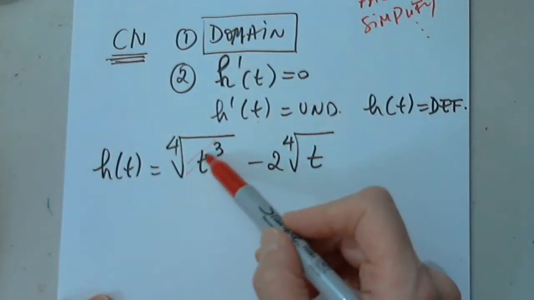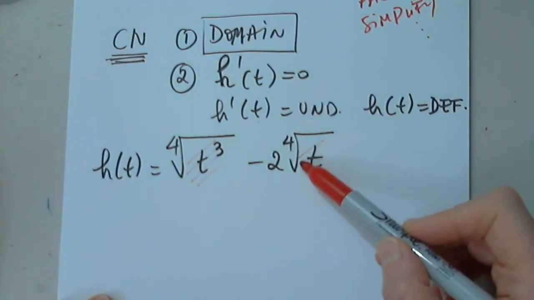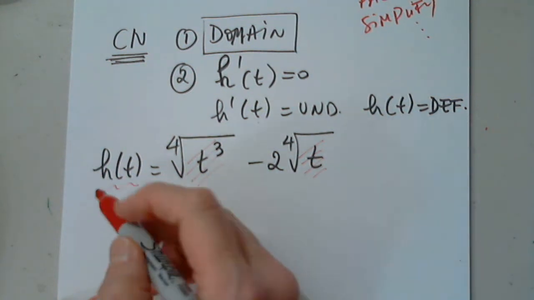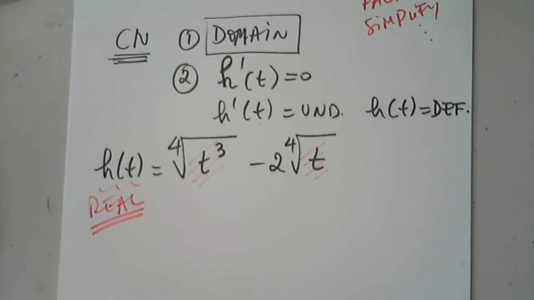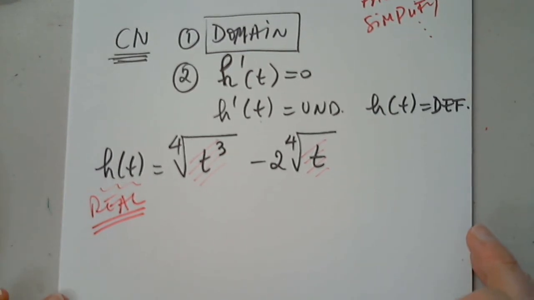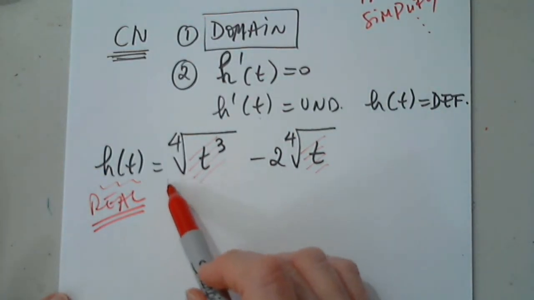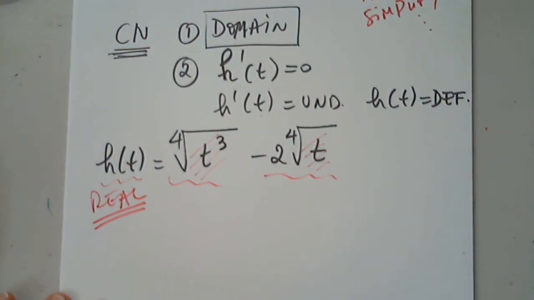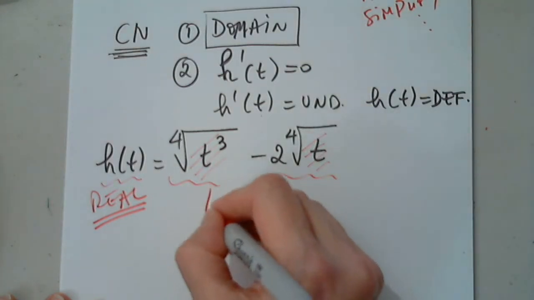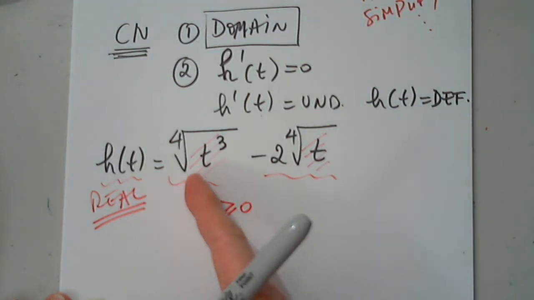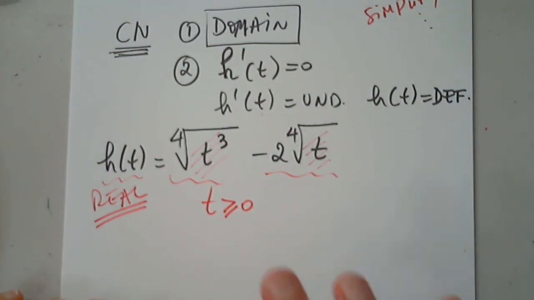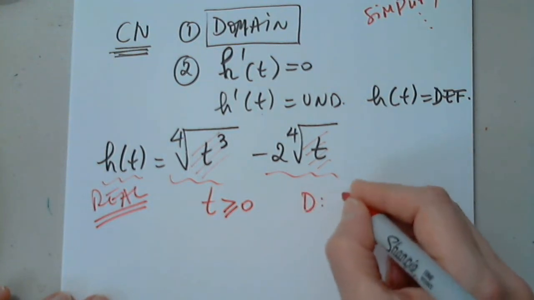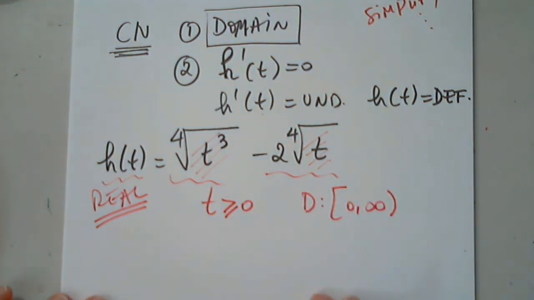What does this have to do for the function to be real? We're not talking about complex functions in this class, so everything has to be real. So what is the condition for these to be real? It has to be greater than 0, or equal to. We can always take the square root, the fourth root of 0, any root of 0. So the domain of this function is 0 to infinity.